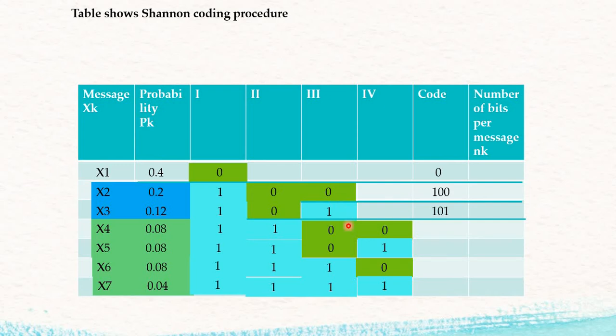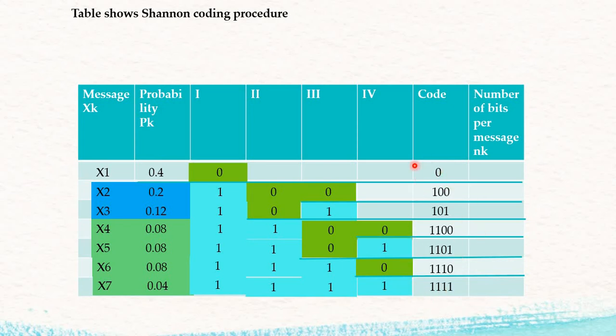For the fourth message, my code is 1 1 0 0. For the fifth message, the code comes out to be 1 1 0 1. For the sixth message, it comes out to be 1 1 1 0. And for the last, the code comes out to be 1 1 1 1. So in this way I find out the codes.